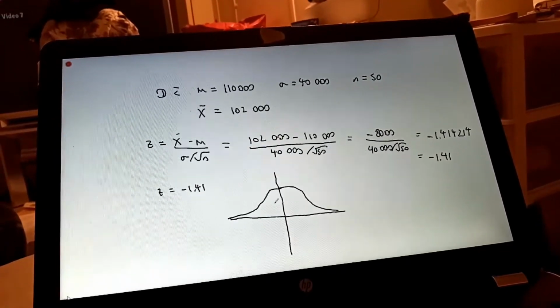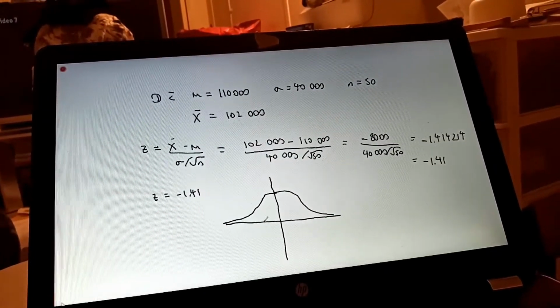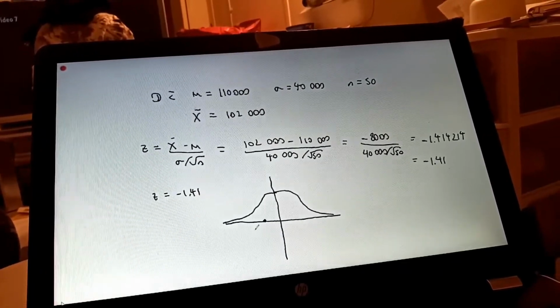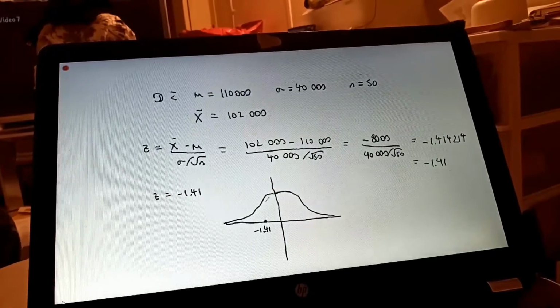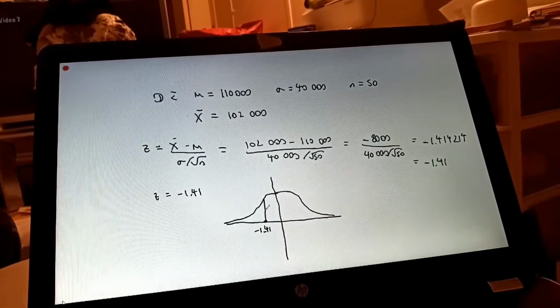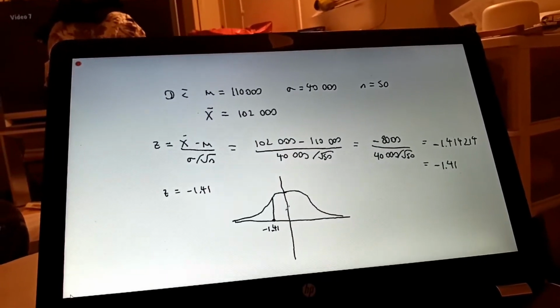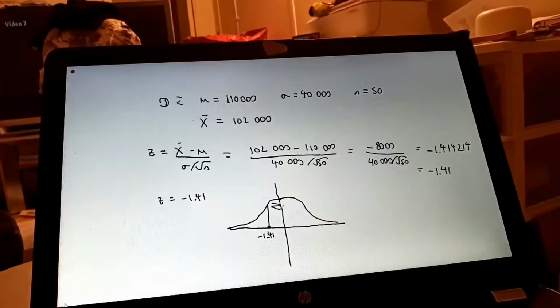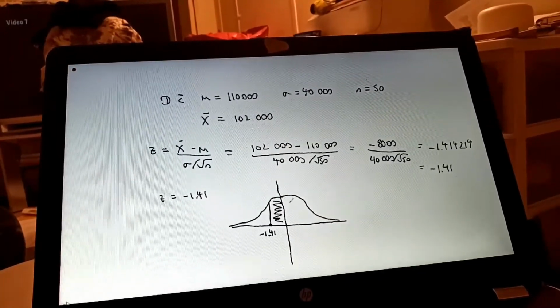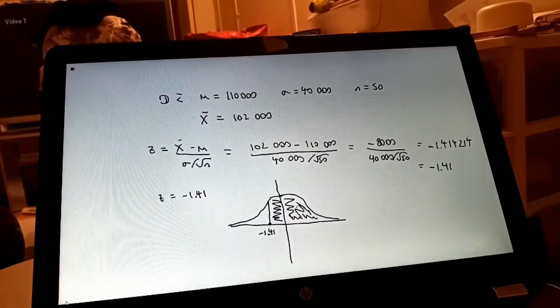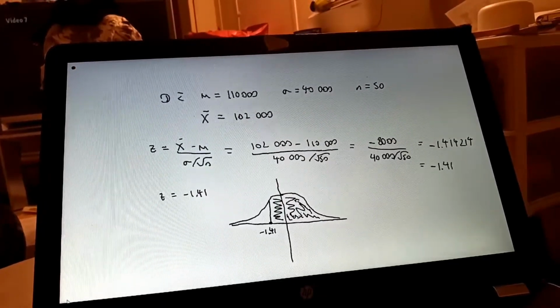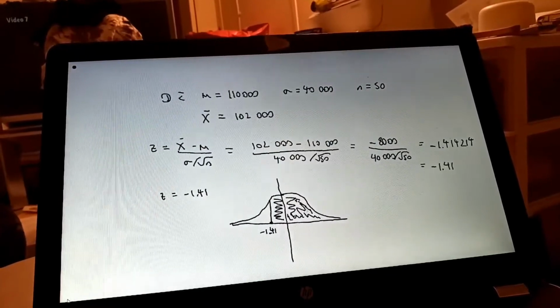Where is minus 1.41? Let's say it's around right here. And we need all the area to the right of that. So we need this area right here and this area right here. A lot of area, so your answer will clearly be more than 0.5.